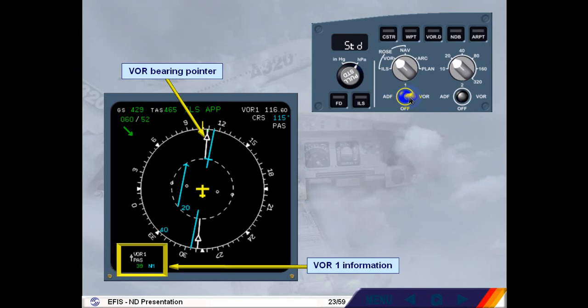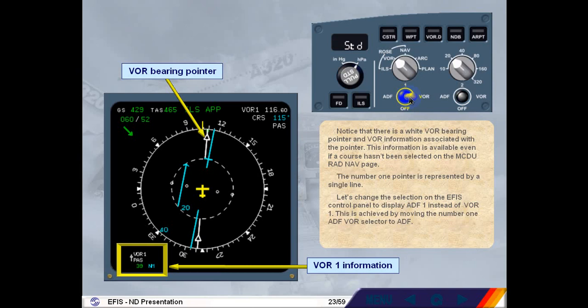Let's change the selection on the EFIS control panel to display ADF1 instead of VOR1. This is achieved by moving the number 1 ADF VOR selector to ADF. Select ADF1.